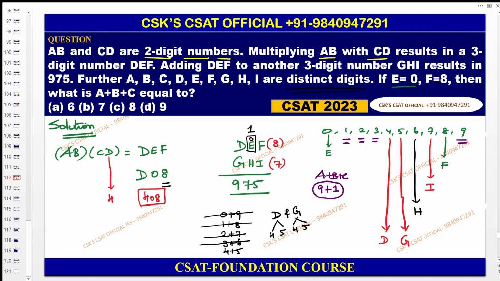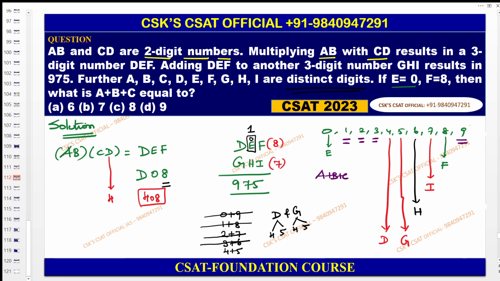All are single digits. So definitely 9 can't be any value for A or B or C. You can't assign 9 for either A, B or C. So ignore that 9.